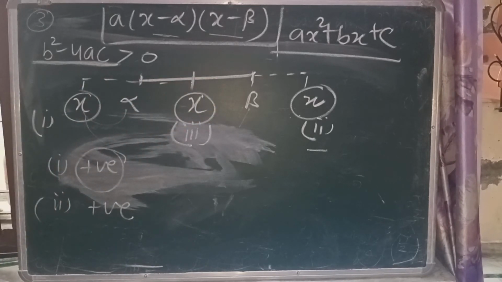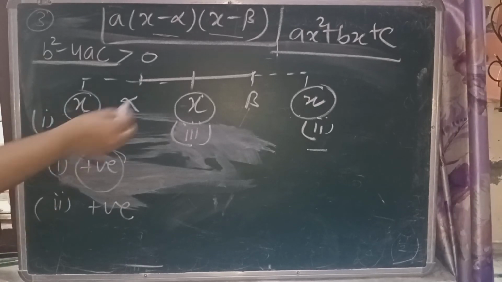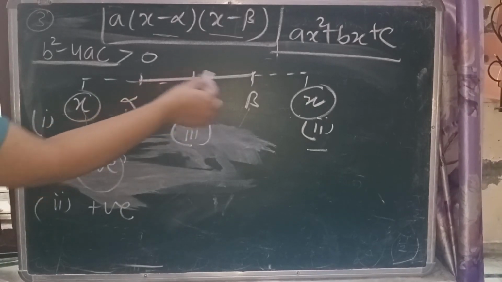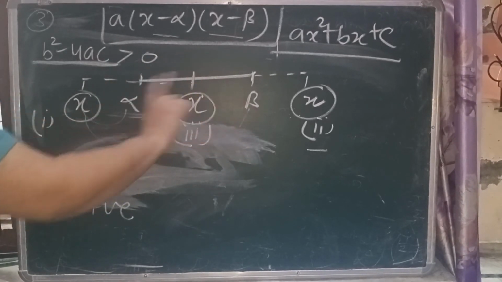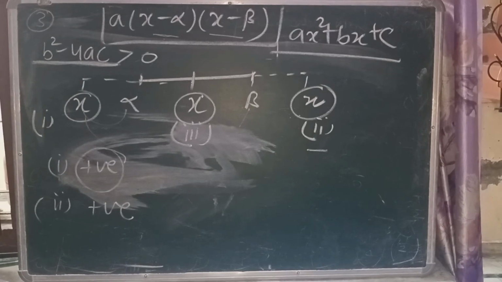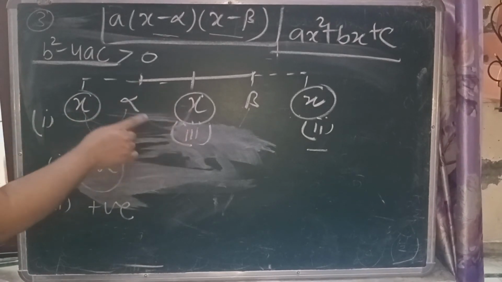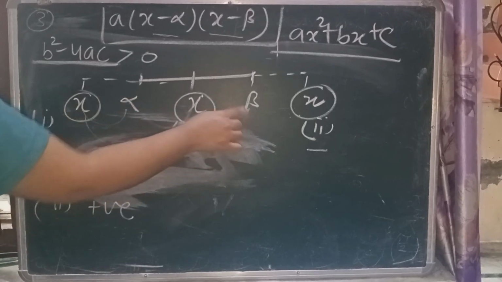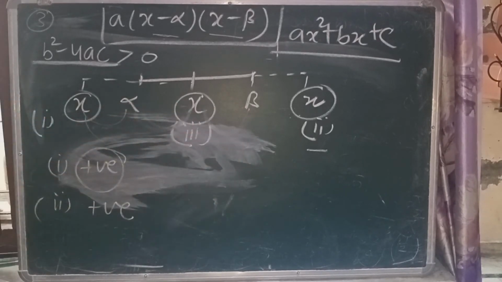Now the condition comes when x is lying between alpha and beta. In that case, if you think, either alpha is here and beta is here, or you can exchange the position of alpha and beta also. Then one will be positive and another will be negative, because x minus alpha will be positive, so x minus beta will be negative.